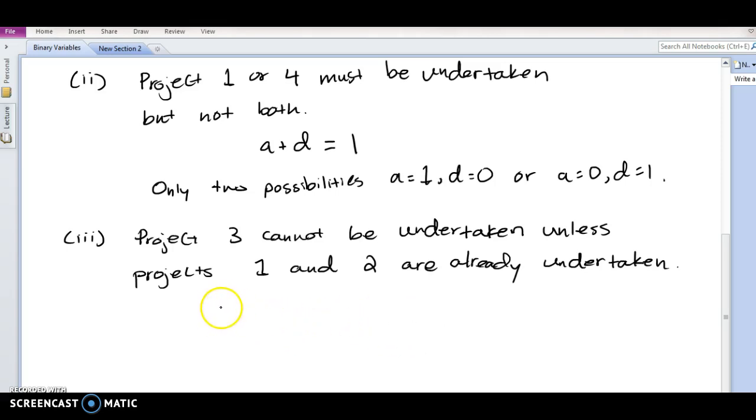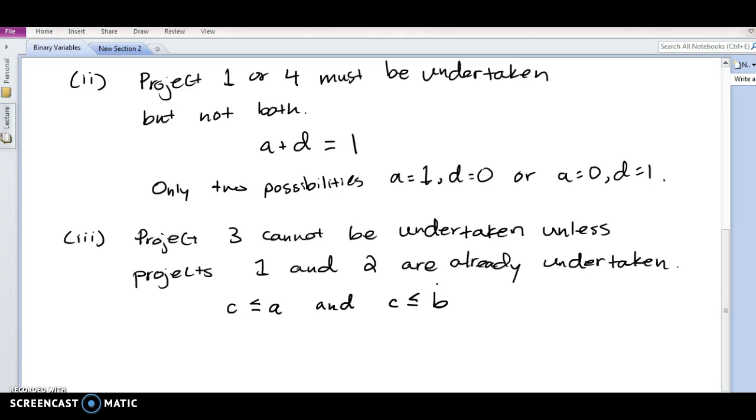Okay, so let's think about this. Project 3 cannot be turned to 1 until 1 is done and 2 is done. So basically C has to be less than or equal to A, and we also have to have the equation C has to be less than or equal to B.